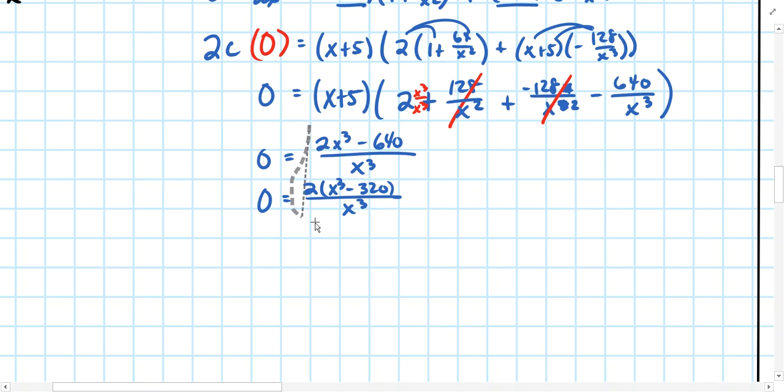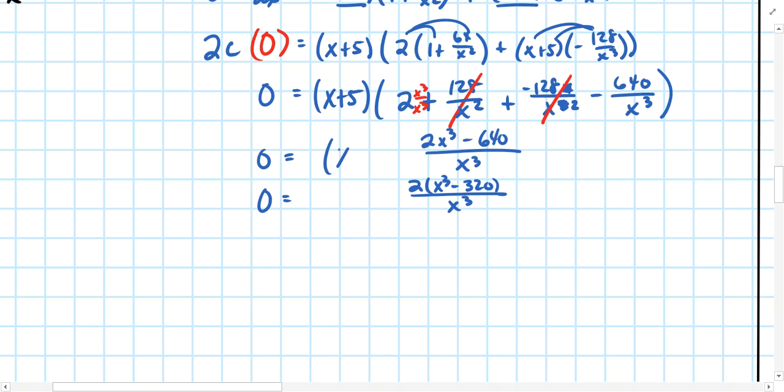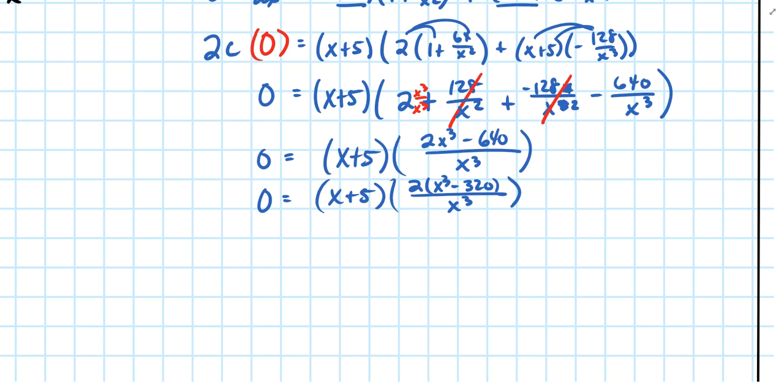Whoops, forgot about my first term, so let's get that placed in here. So we have x plus 5 times this fraction and x plus 5 times that fraction down below.